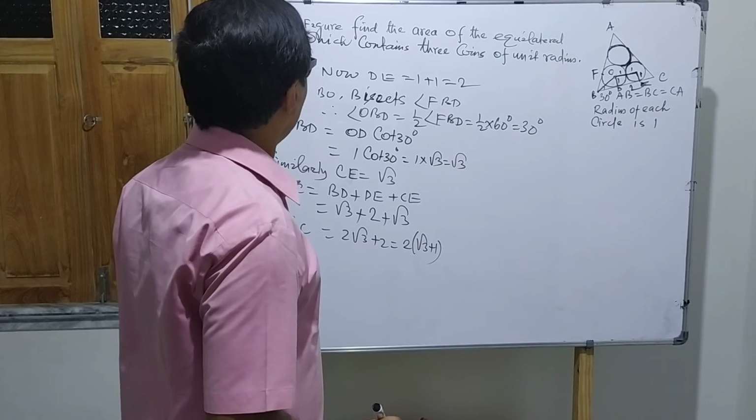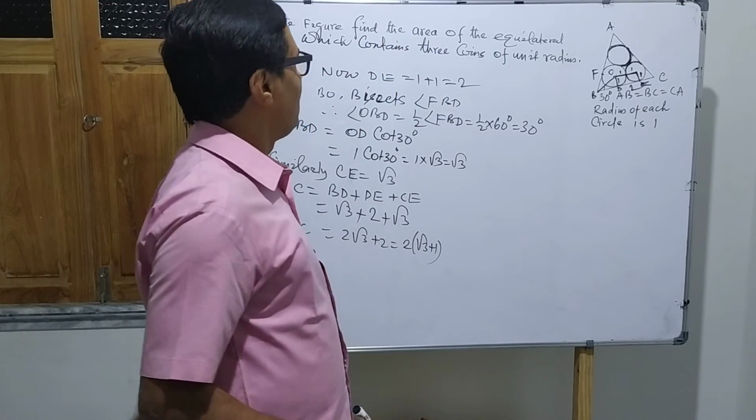So we can find the area of the equilateral triangle.